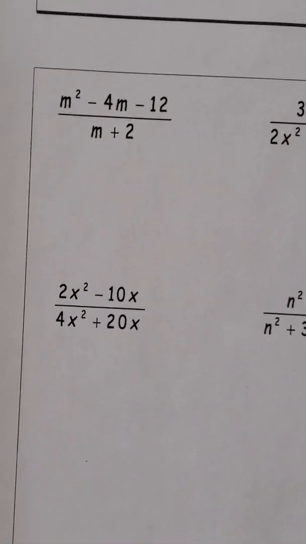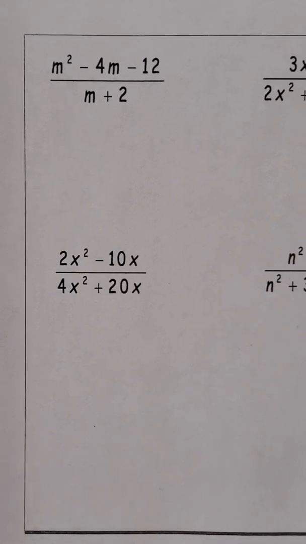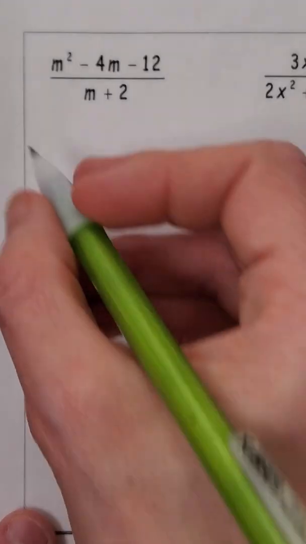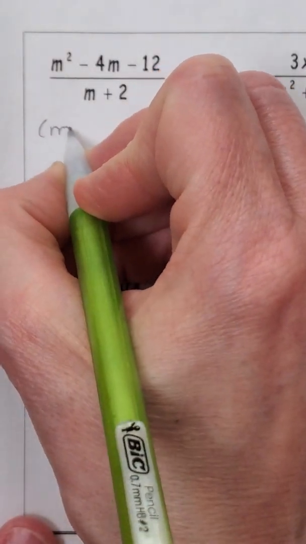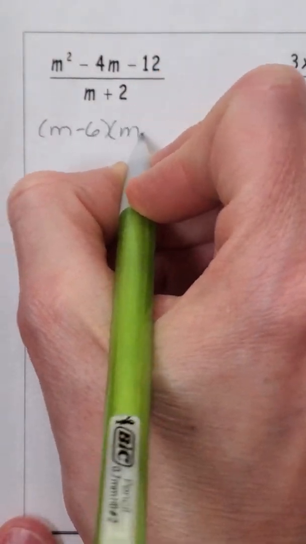So now when we get into these ones, the instructions are step number 1, factor numerator and denominator. Then identify your NPVs, cancel out expressions in the numerator and denominator that are equivalent to 1 or -1, and rewrite any remaining expressions. So we're back to factoring. m minus 6, m plus 2.